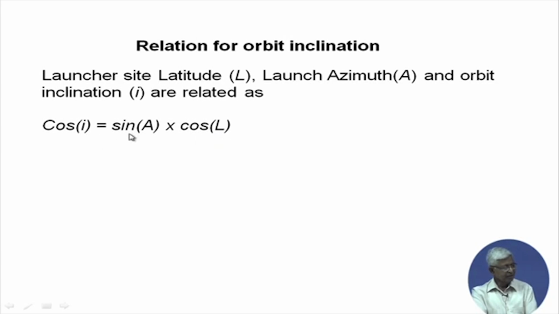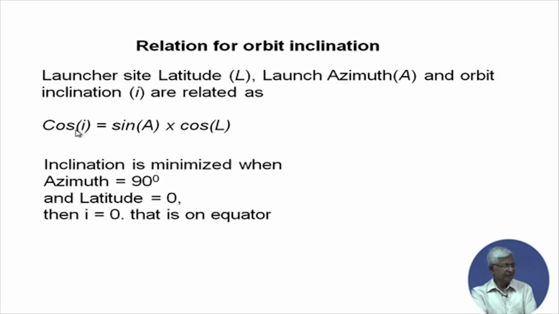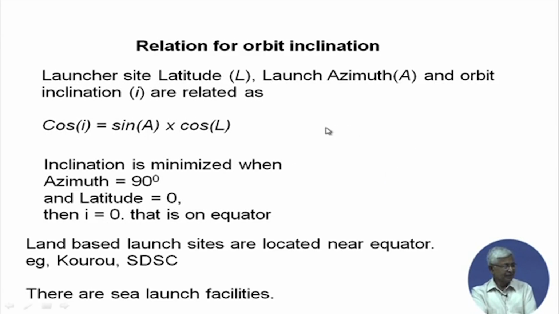So, you can see that when the azimuth is 90 degrees, and when the latitude is at 0 degrees, that is at the equator, the inclination is 0. So, you can attain the equatorial plane orbit, but in real life on the equator you may not have some launch sites.